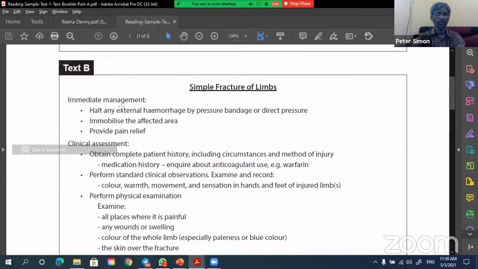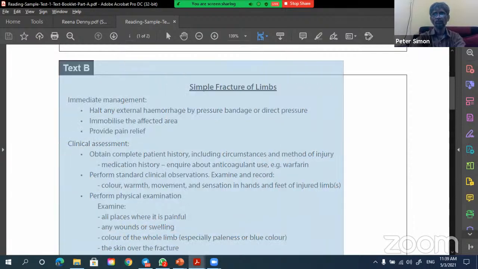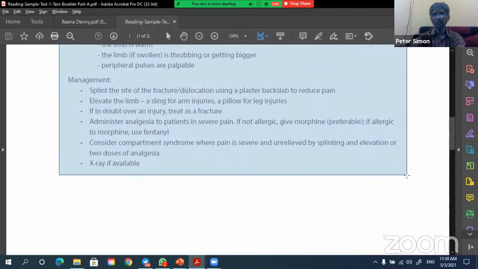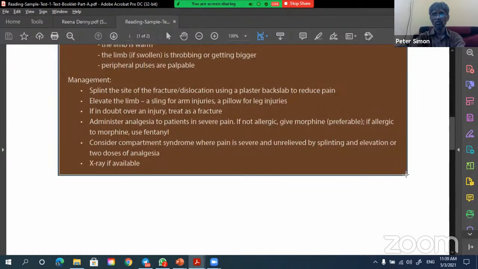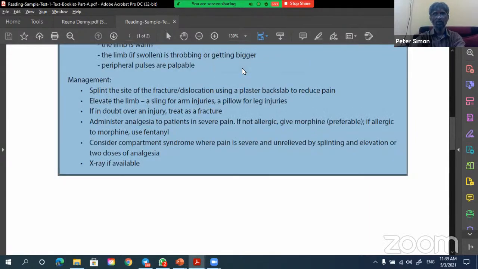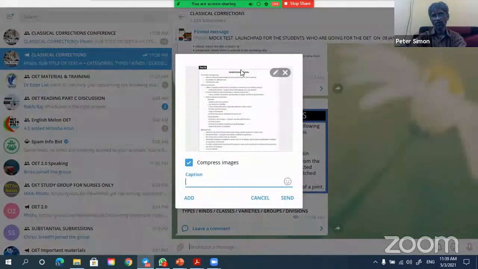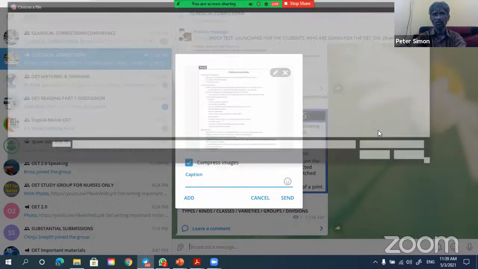Edit. Take snapshot. It's a little big. We can make it into 2 or 3 parts. Copy selected graphic. Text B. Did I put text A there first?